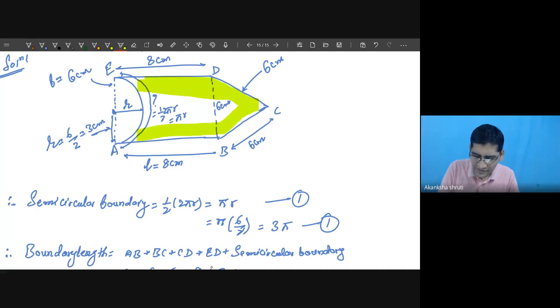So this semicircular only we have to take. So take this one. How can this be calculated? This can be calculated by taking the area of rectangle.